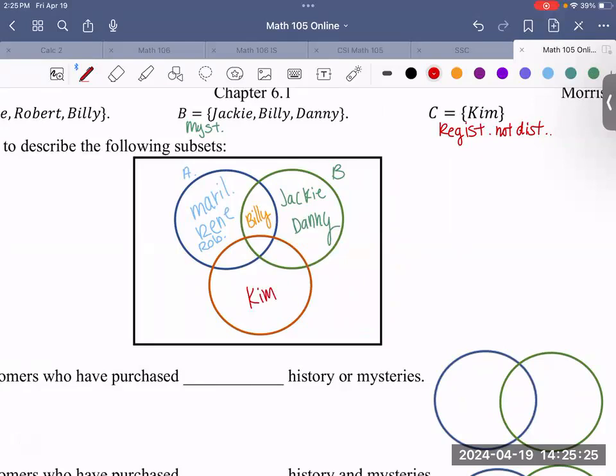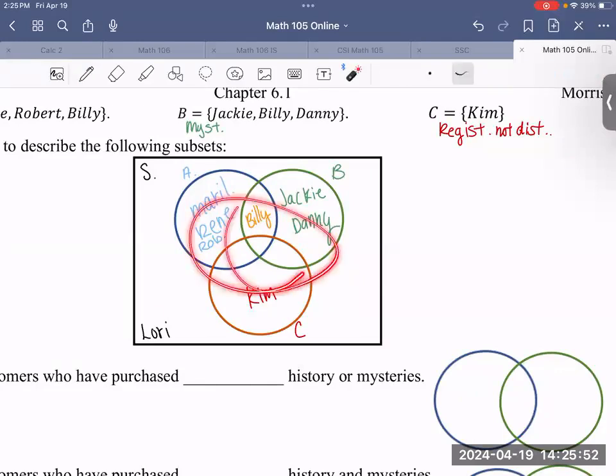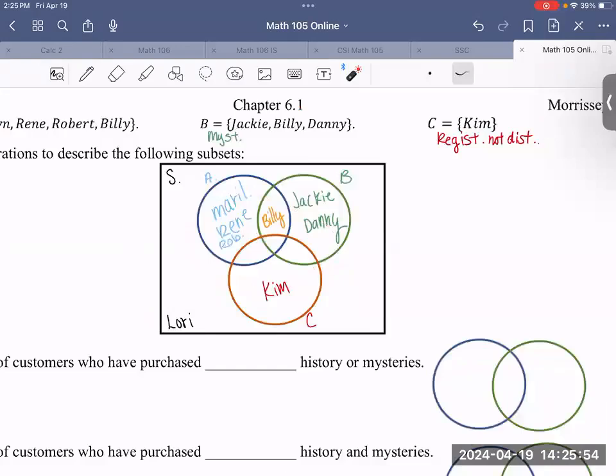Now, is there anybody that we have not accounted for? Looking back at S, your set, everybody who has come into the store or database, one of them is not listed. That person would be Laurie. So she just wasn't a part of this book survey. She's clearly used her first-time customer discount, so she doesn't fit any of these, but she still was included.